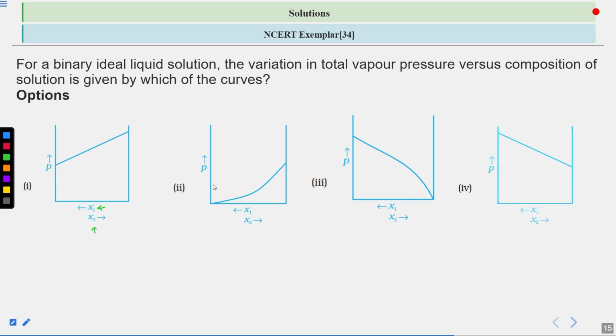In the second graph, there is an increasing curve. In the third graph, we have a decreasing curve. In the fourth graph, we have a decreasing straight line. You have to select which curve correctly represents the variation in the total vapor pressure versus the composition of solution.